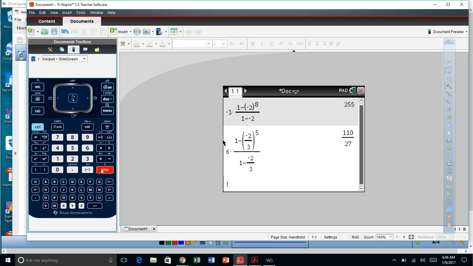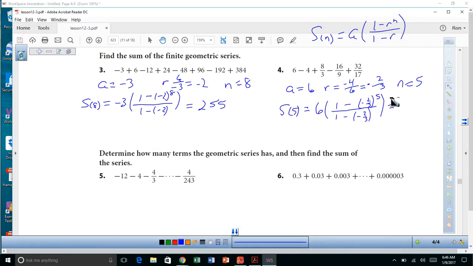And that's 110 over 27, which is approximately 4.07.